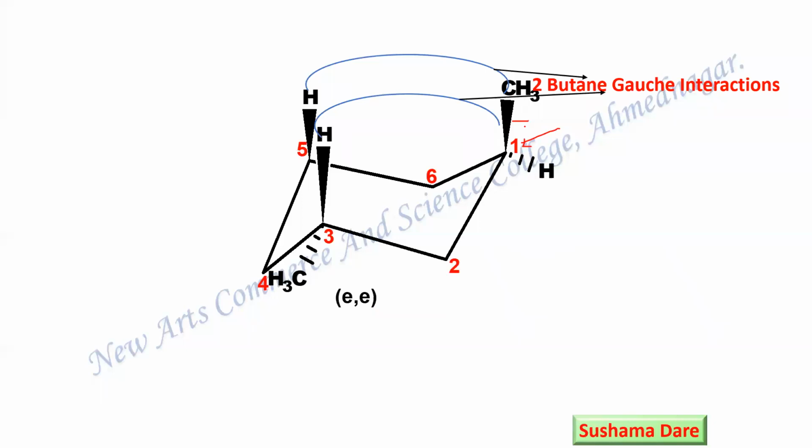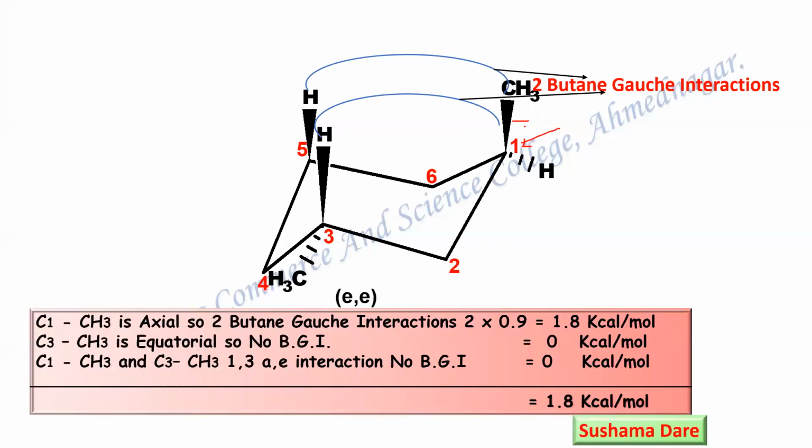So each interaction is 0.9. Therefore, the total energy of this molecule: C1 CH3 is axial, so 2 Butin-Gauch interactions, that is 1.8 kilocalorie per mole. C3 CH3 is equatorial, so no Butin-Gauch interaction, that energy is 0. C1 CH3 and C3 CH3, what type of relation is there?